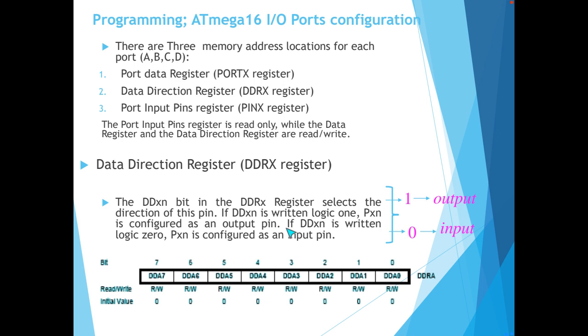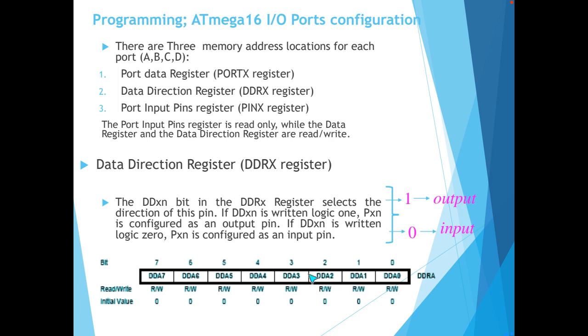And if DDXn is written logic 0, then that pin is configured as an input pin. For example, suppose that all of the pins of the DDRA register are equal to 0. What does it mean? It means that this port is totally configured as input.